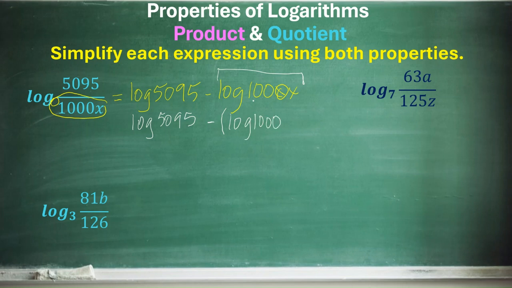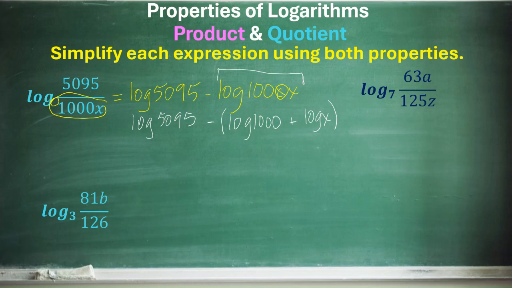Okay, but here's the catch. Now I'm going to use the product property, and to that, I'm going to add the log of x. A couple things that are really important here is that I have the log of 1,000 plus the log of x, all of this is being subtracted, right? Because the whole thing is being subtracted, this negative has to go on the outside.